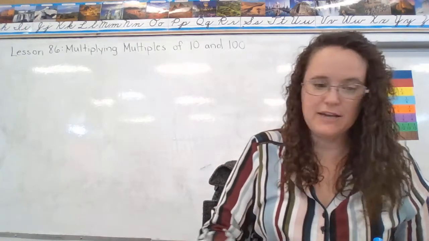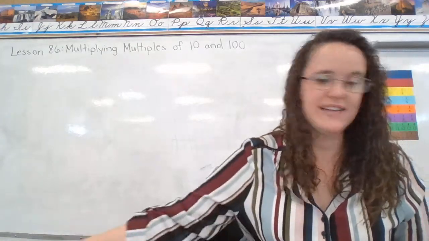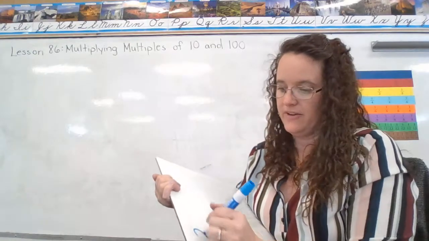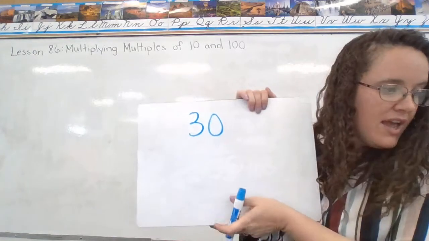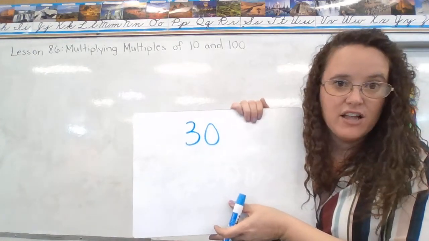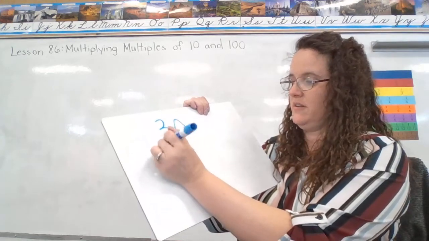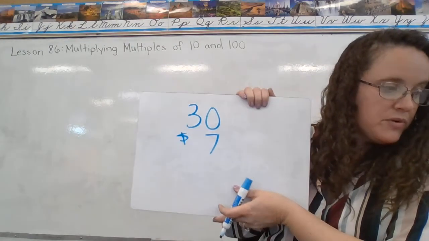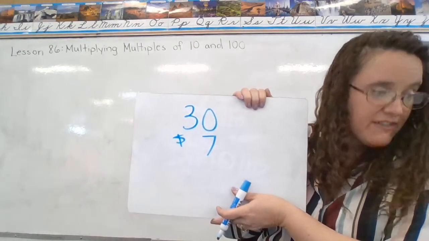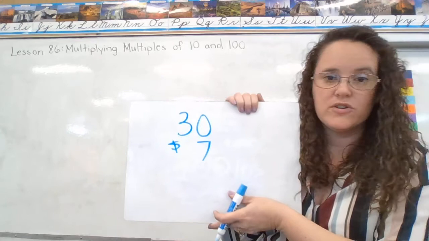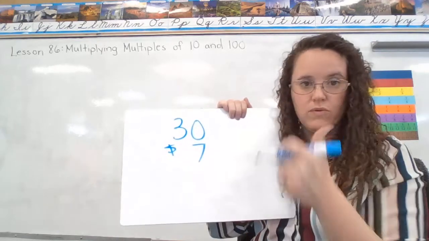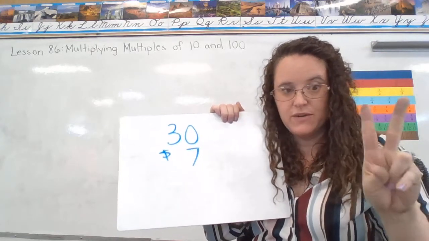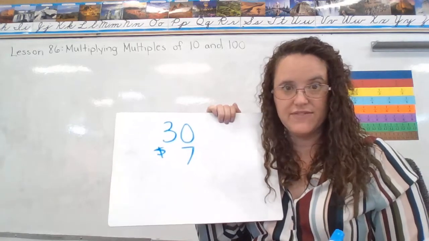All right, example 2 says a store has 30 ping pong paddles for sale at $7 each. How much money will the store receive if all of the ping pong paddles are sold? So the first one is $7, the second one is $7, the third one is $7.